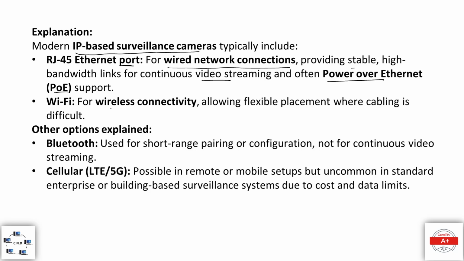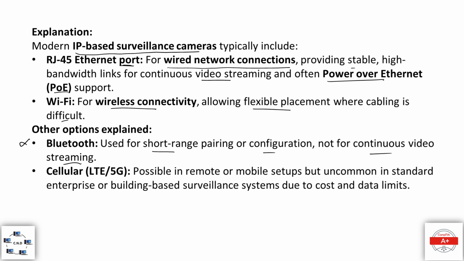Wi-Fi is used for wireless connectivity, allowing flexible placement where cabling is difficult. So other options are explained here. Other options include Bluetooth, which is used for short range pairing or configuration, not for continuous video streaming.